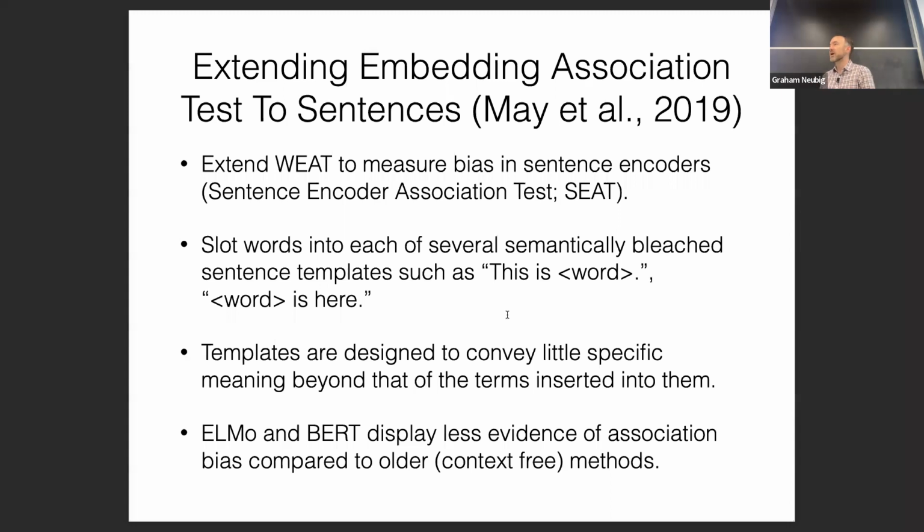These sentences don't have any bias whatsoever, because they're just stating a fact about the existence of something. Then you can take the embeddings you get by running them through your favorite encoder, for example BERT or GPT-3, and run the same embedding test. One interesting thing is that ELMo and BERT displayed less evidence of association bias compared to older methods, but they still do to some extent.